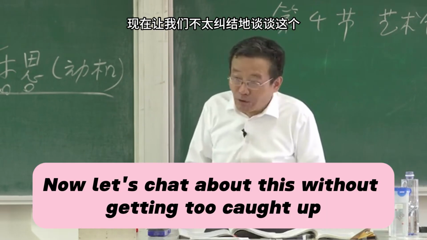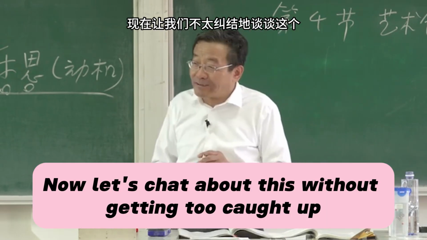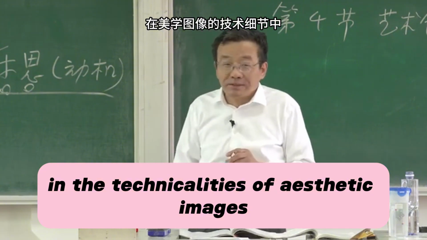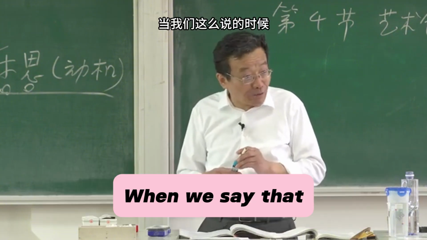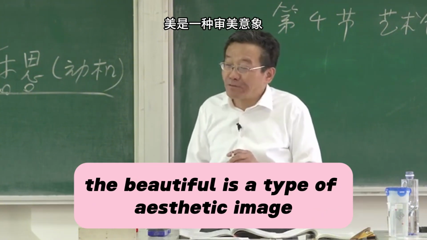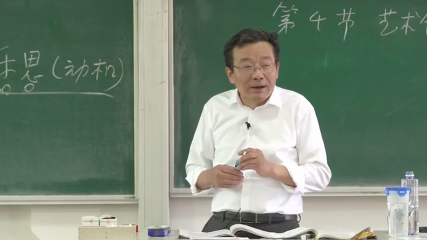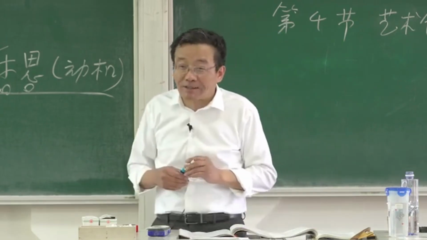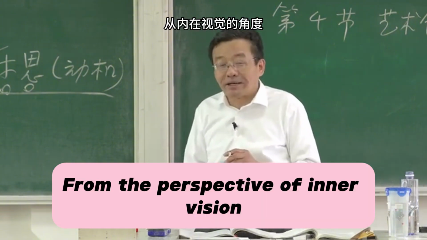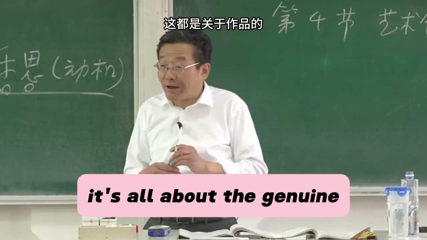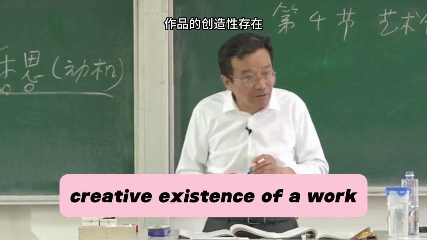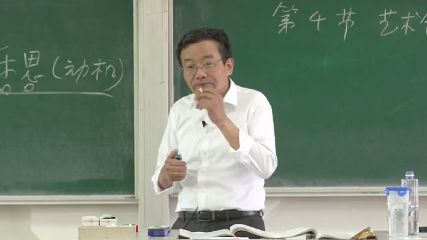Now, let's chat about this without getting too caught up in the technicalities of aesthetic images. When we say that the beautiful is a type of aesthetic image, what kind of inner vision brings it to life? Let's dive into that. From the perspective of inner vision, it's all about the genuine creative existence of a work, its creative existence.